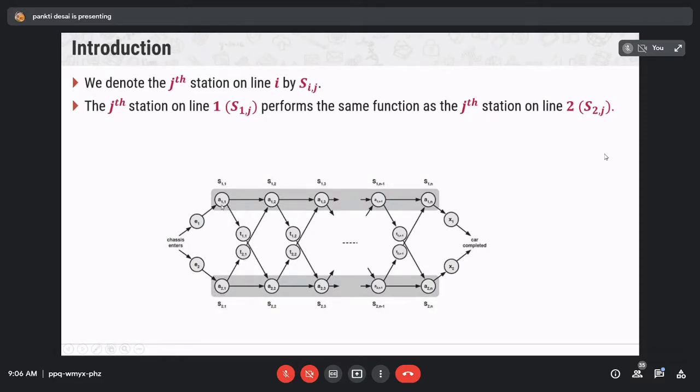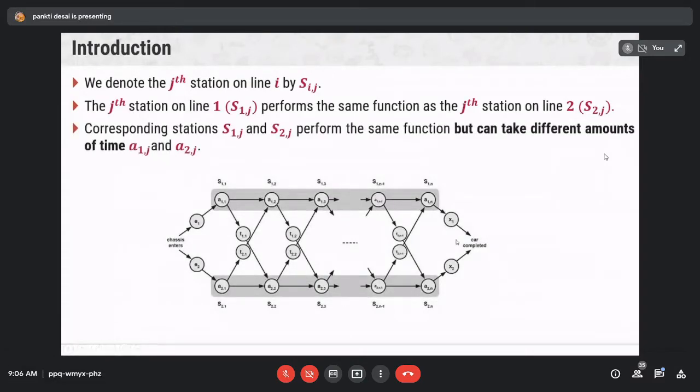But we select either this or this station, whichever gives you the minimized total time to produce this car. So corresponding stations S1j and S2j perform the same function but take different amounts of time, that is A1j and A2j.